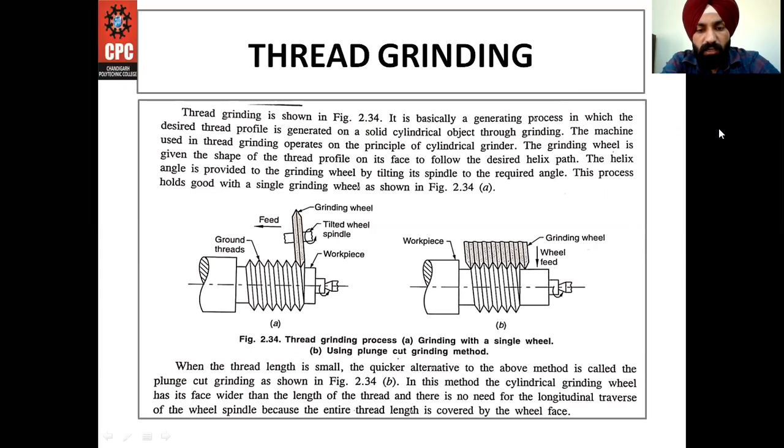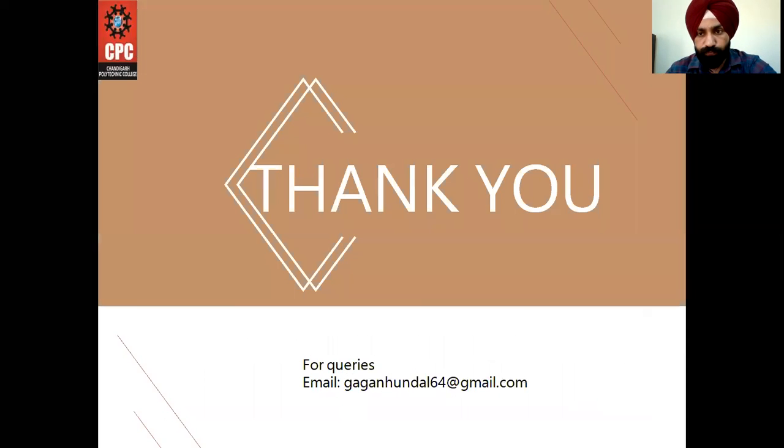In this method, the cylindrical grinding wheel has its face wider than the length of the thread, and there is no need for longitudinal traverse of the wheel spindle because the entire thread length is covered by the wheel face.